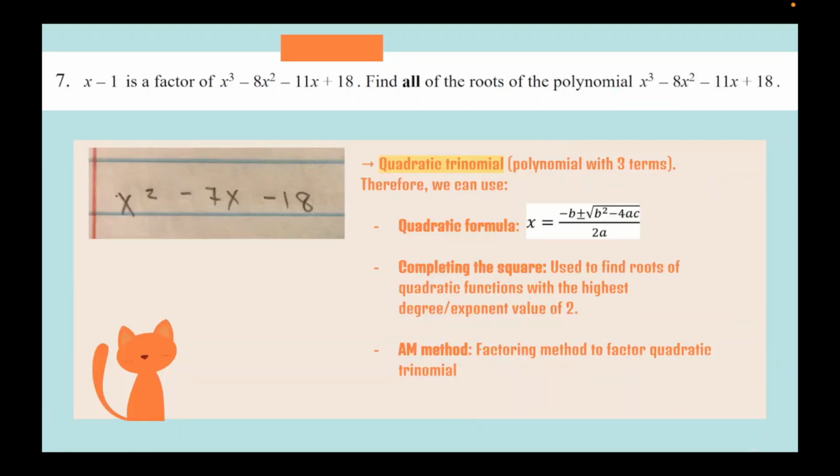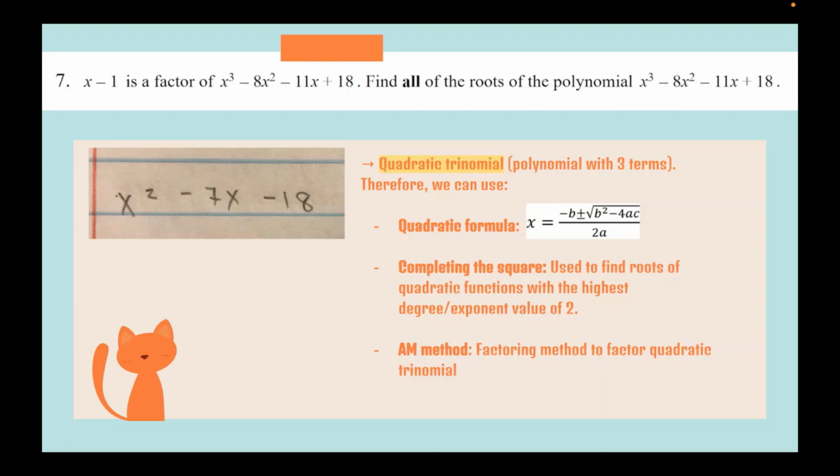Now we're left with another polynomial. However, this polynomial isn't in a factor form yet. With that in mind, the next step would be to factor x squared minus 7x minus 18. Notice how this polynomial is a quadratic trinomial with 3 terms. Therefore, we can use the quadratic formula, which is used to find the roots of quadratic trinomials using the formula negative b plus or minus the square root of b squared minus 4ac all over 2a.